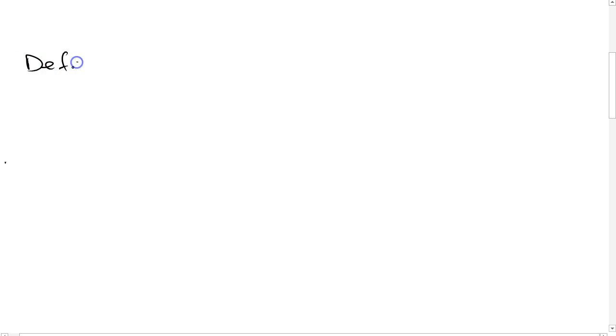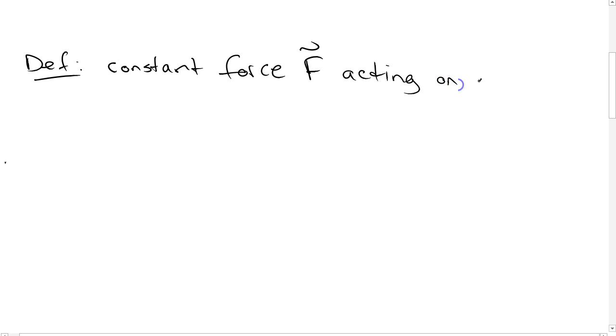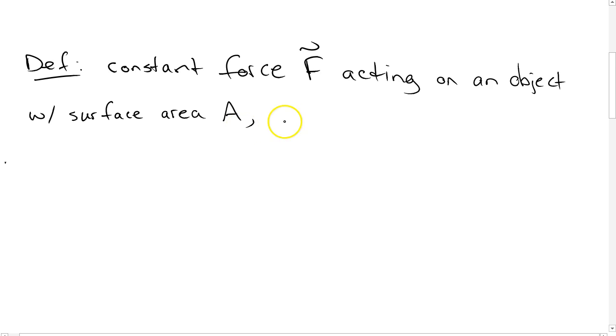So first of all, what is pressure? If we have a constant force, F, acting on an object, and it has a surface area, A. Okay, so pressure is force per unit area.